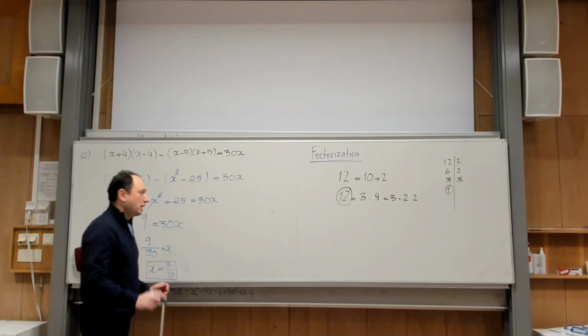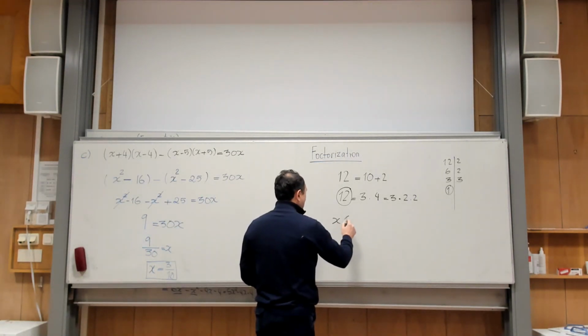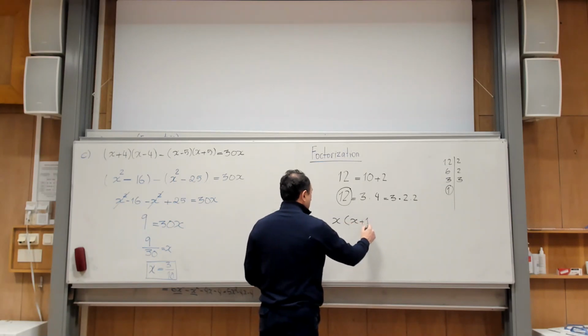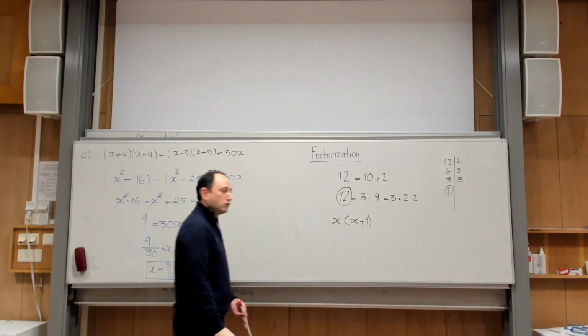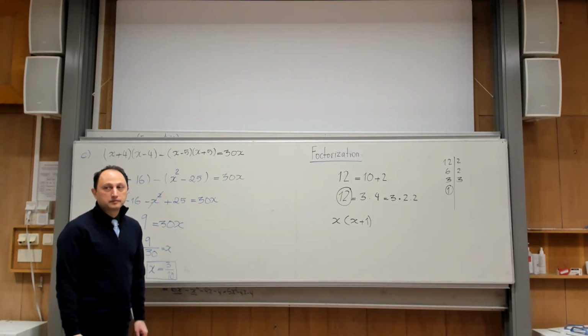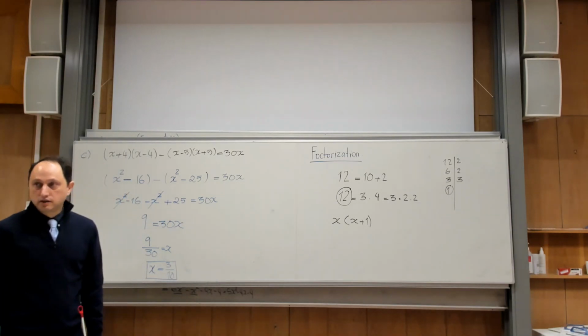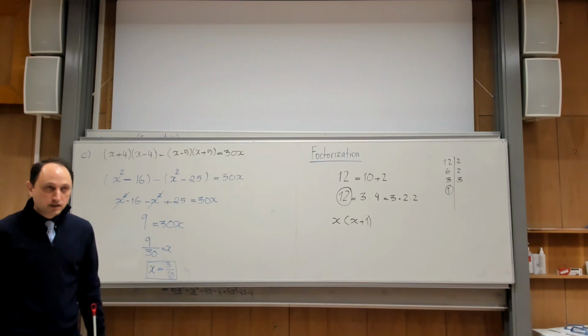So let me ask you something again. Is this expression that I write in factorized form? Yes or no? Yeah, you said yes. Why? Because they are multiplied here. That's a product, yes.